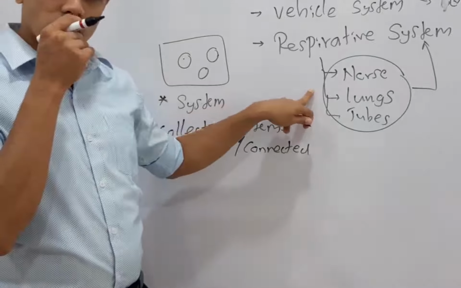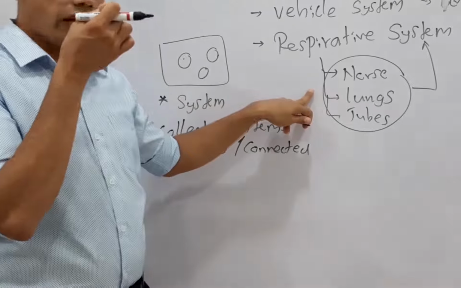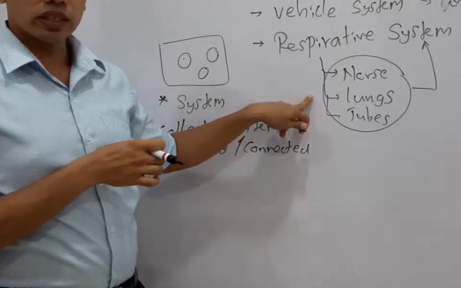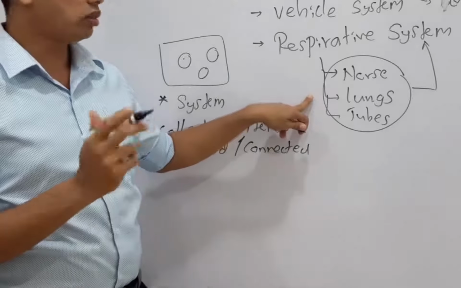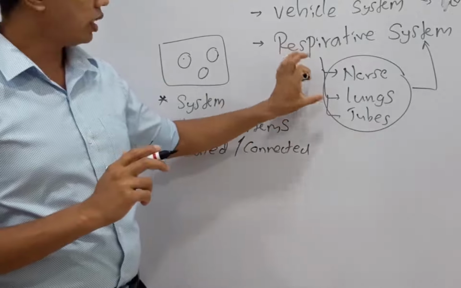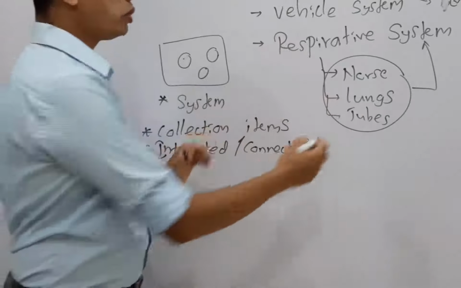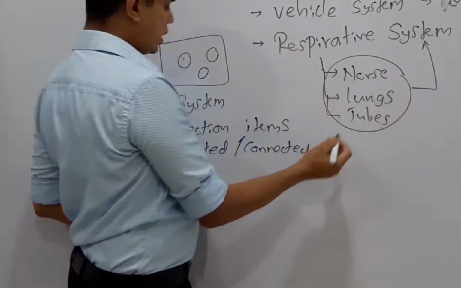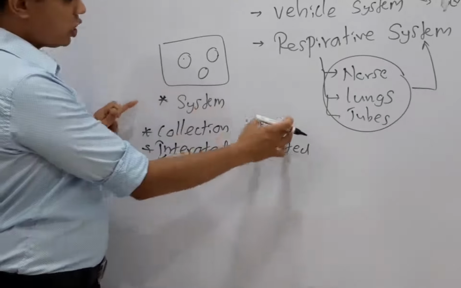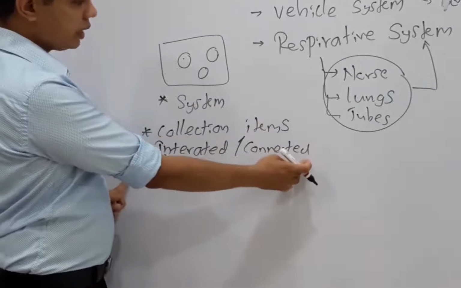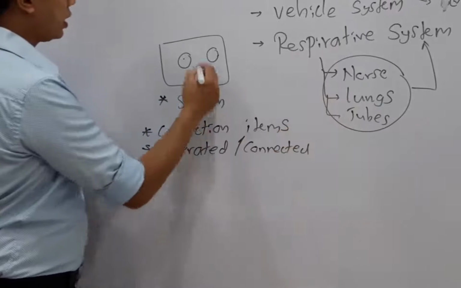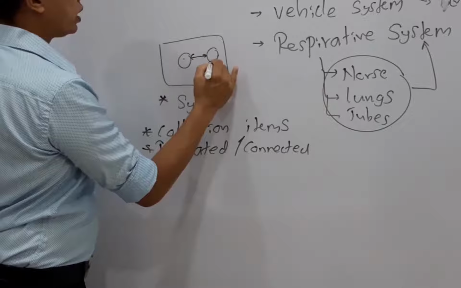Definitely. From the nose, we inhale the air and it goes to the lungs. Within the lungs, it mixes into the blood and purifies the air. So many more things are going on. So what I want to say is, if it is a system, there should be many items, and the items are connected to one another.